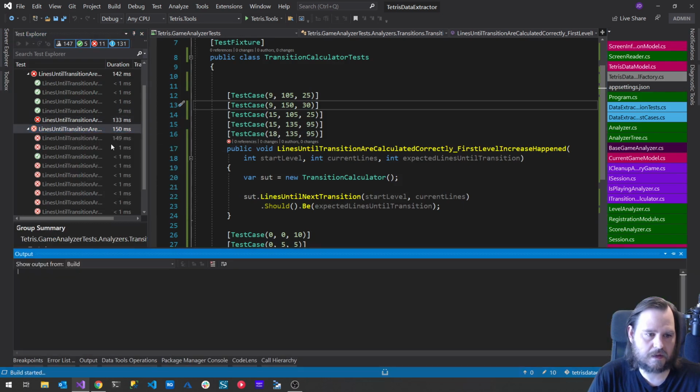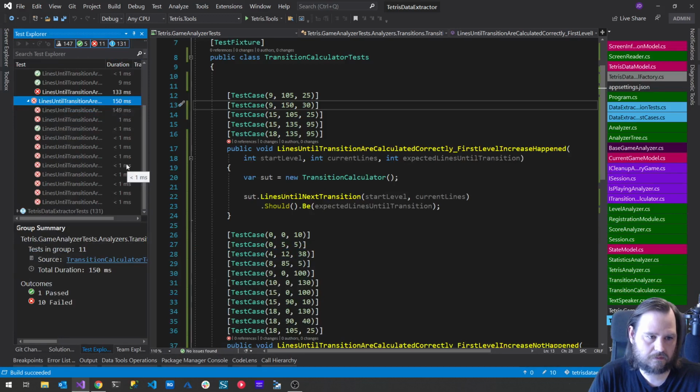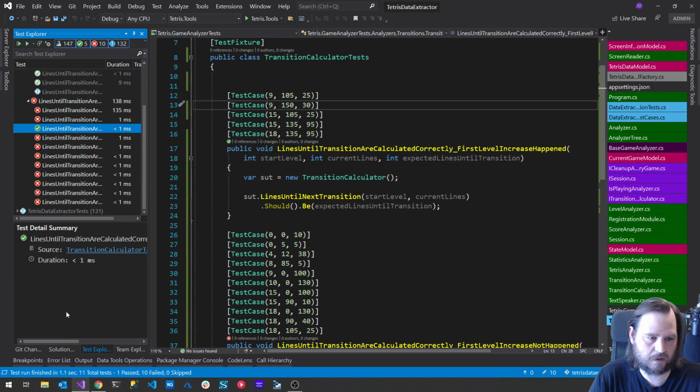What's the deal with all these? These are all broken? This is the only one that works. Starting on 10 and not.